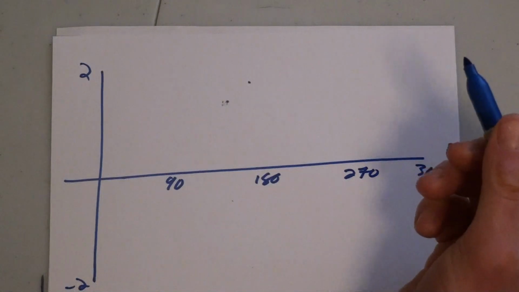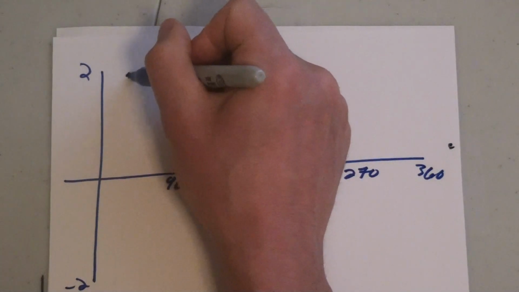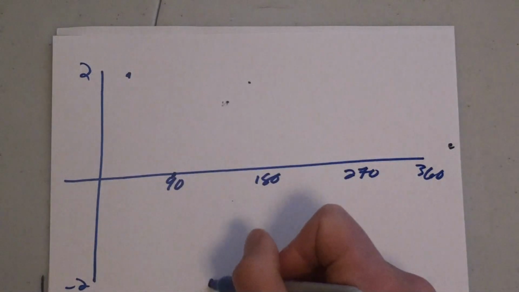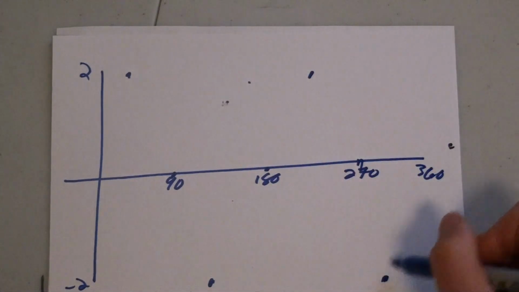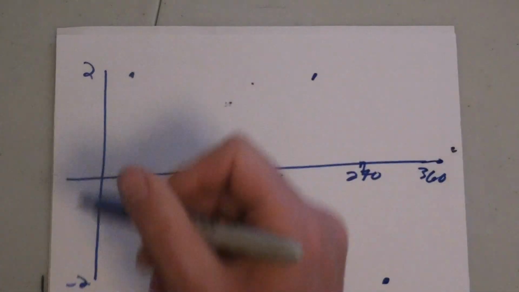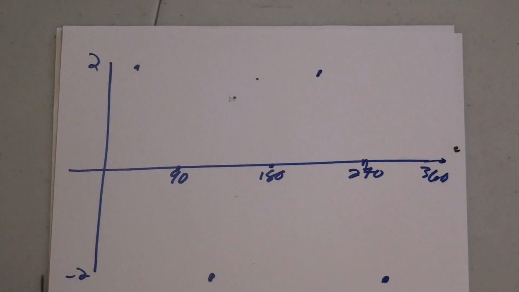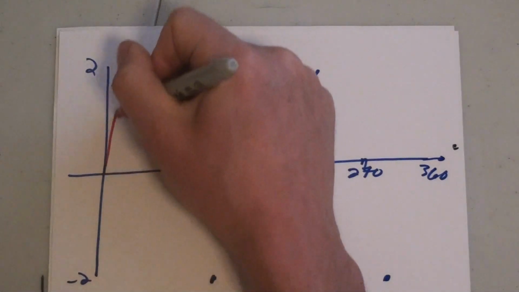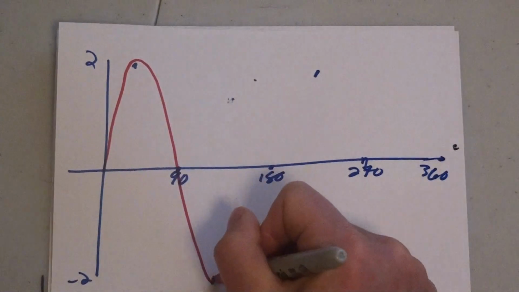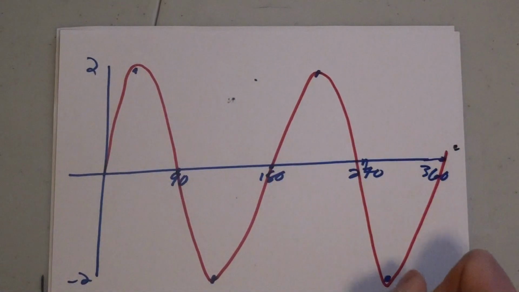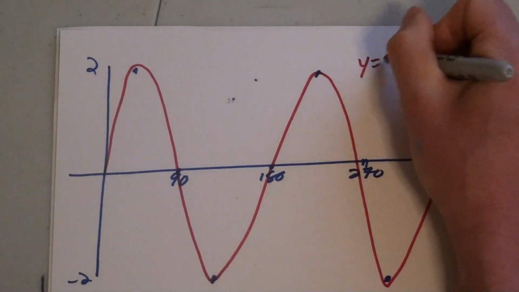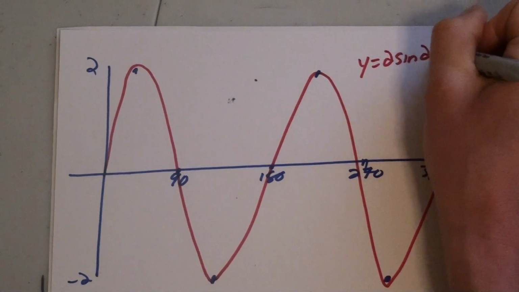I had it going through 2 complete cycles. I did have it in red, so I might as well stick with that. And this was the equation y equals 2 sine 2x.